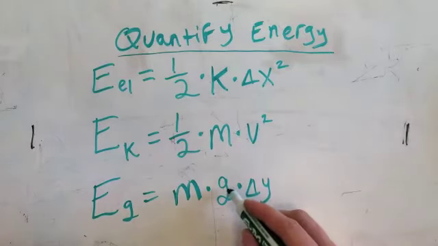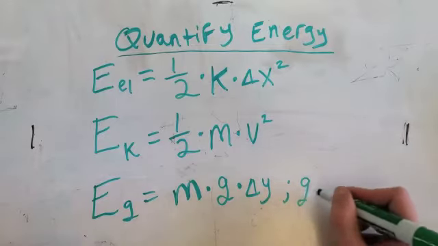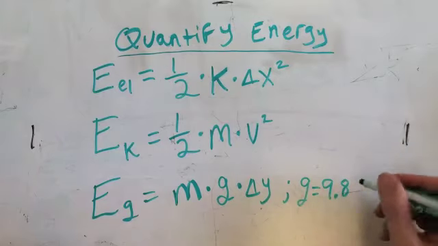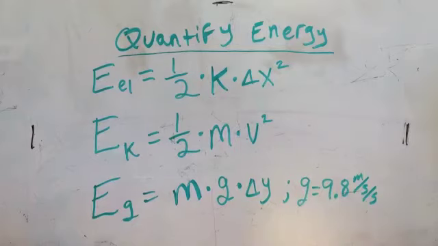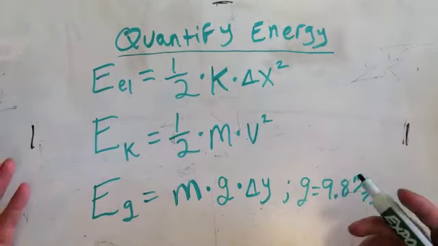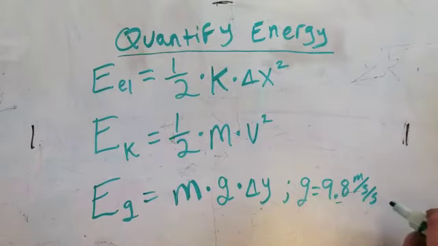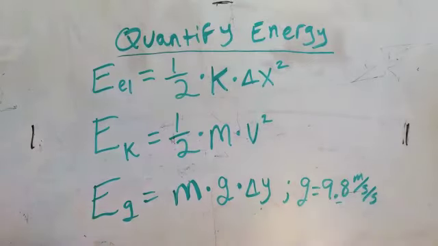Now this factor here, g, is the gravitational acceleration of our planet. All of our situations will occur on Earth, so therefore little g will always be 9.8 meters per second squared. If you went onto Jupiter or the Moon, this factor would change and we'd have to pay attention to that.